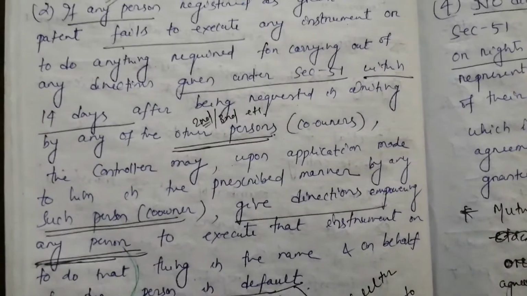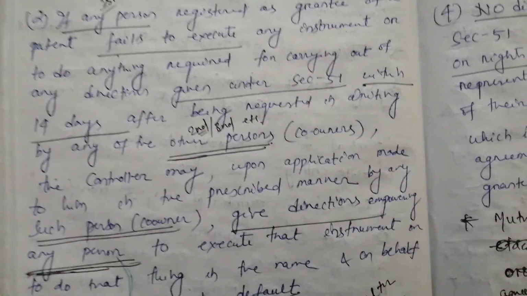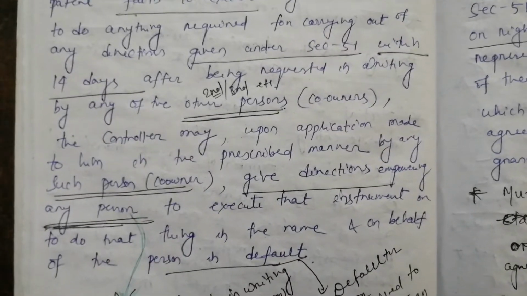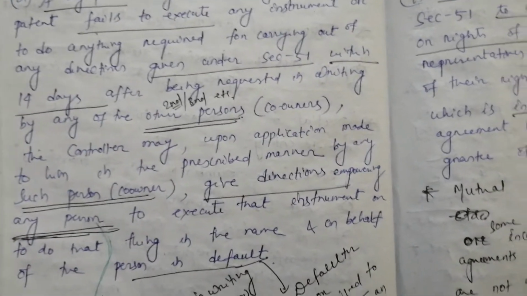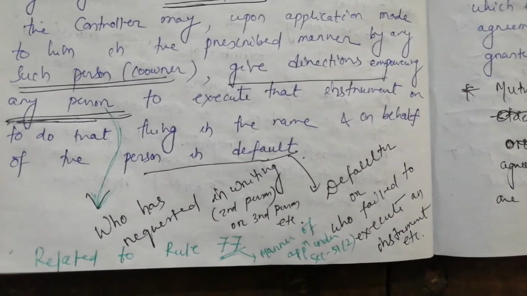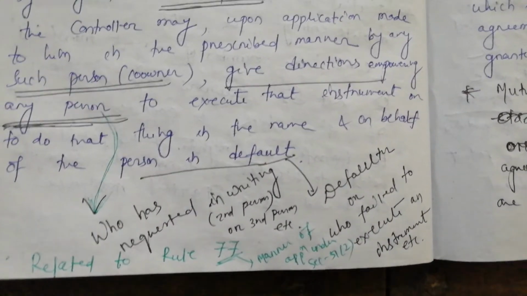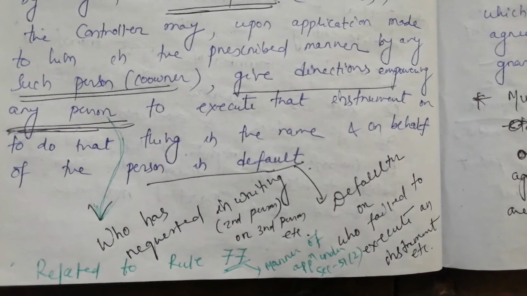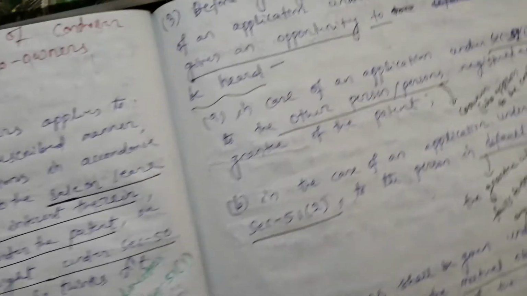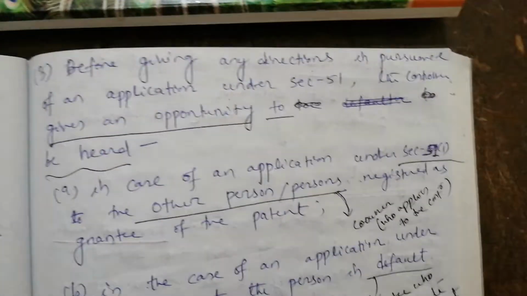He empowers him to execute the instrument in the name and on behalf of the person in default. One thing I would like to say is that this subsection is related to Rule 77, and Rule 77 is about the manner of application under Section 51 subsection 2. Fine. Now I will go to subsection 3.